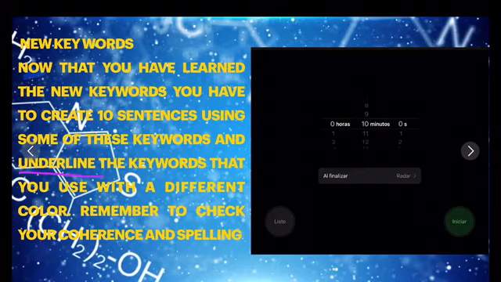If you observe, the keywords were like 21, 22 keywords, I think. So that means you have a lot to choose from. Remember to underline the keywords, one keyword per sentence, okay? For this activity, I will give you 10 minutes to do it, okay? Starting.